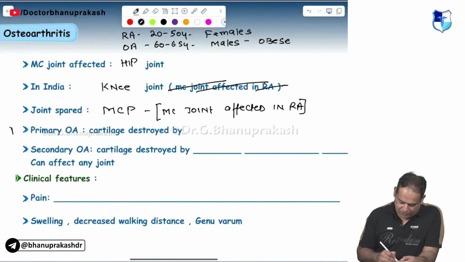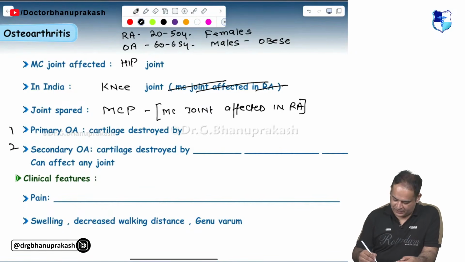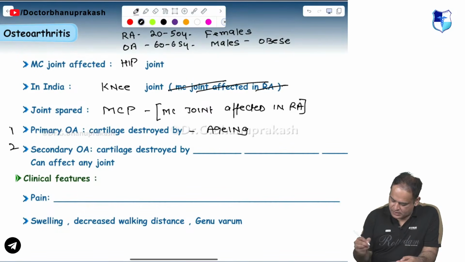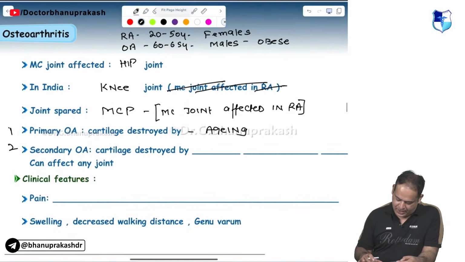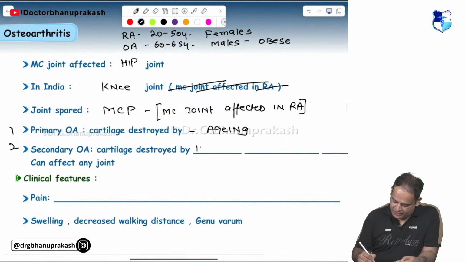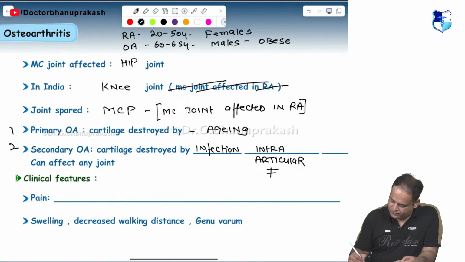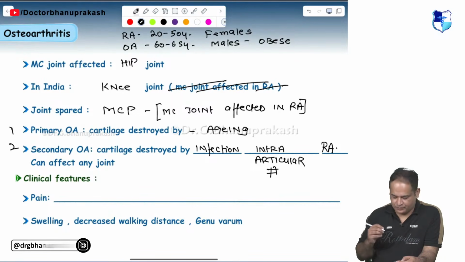Now, two types of arthritis, primary and secondary. In primary osteoarthritis, cartilage is destroyed by aging. In secondary osteoarthritis, cartilage is destroyed by infection, intra-articular fracture or rheumatoid arthritis.